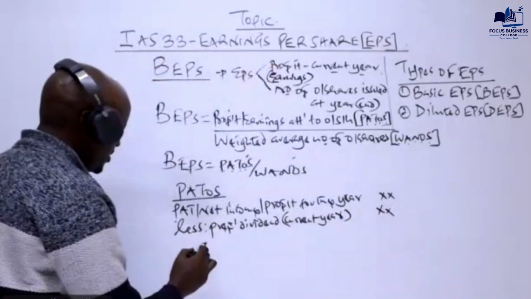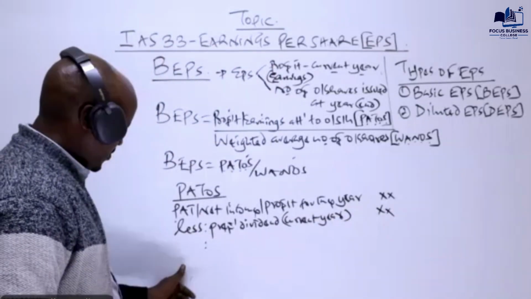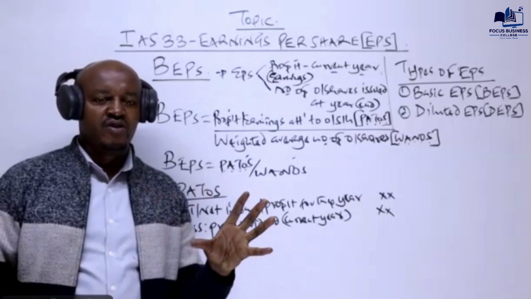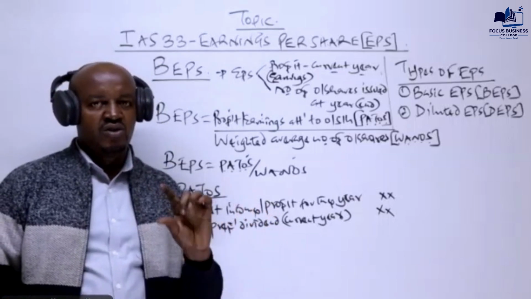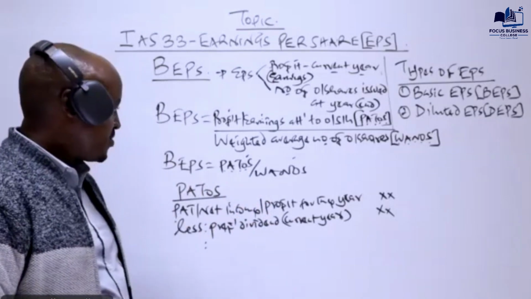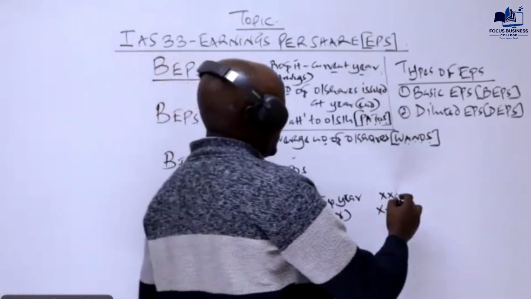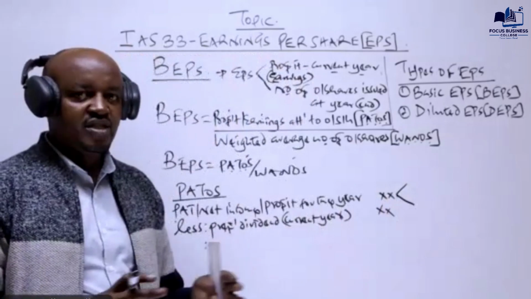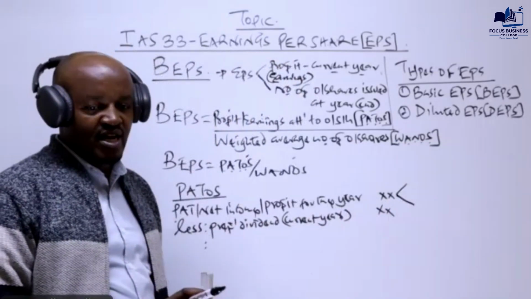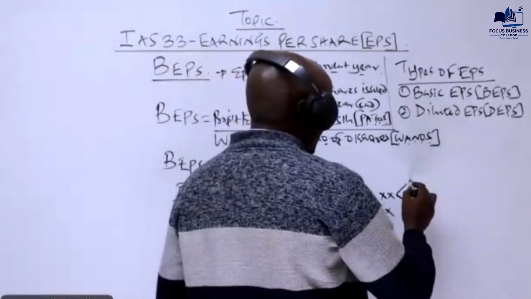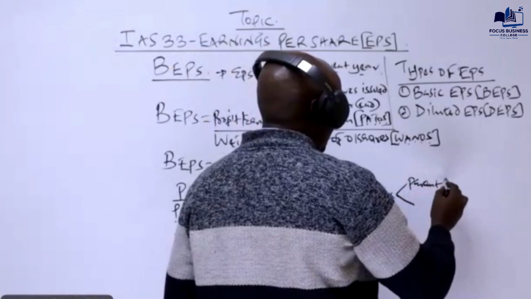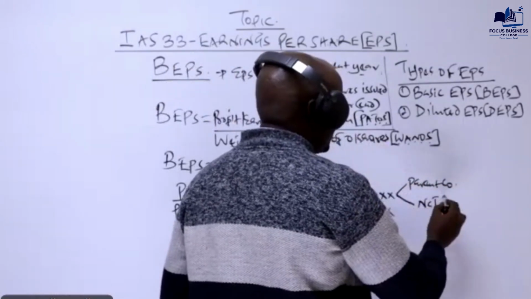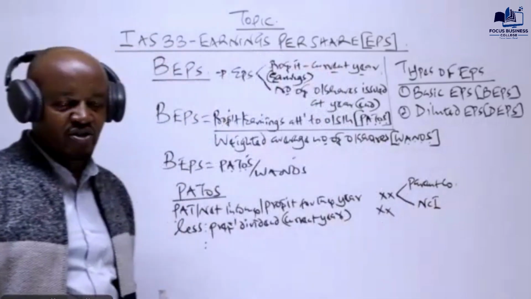And then when computing the earnings per share for a group of companies, if you can recall what you did in the topic of group accounts, this particular profit for the year reported by the parent company, determined by preparing the consolidated income statement, is usually split into two: the profit attributable to the parent company, and the profit attributable to NCI, the minority shareholder.